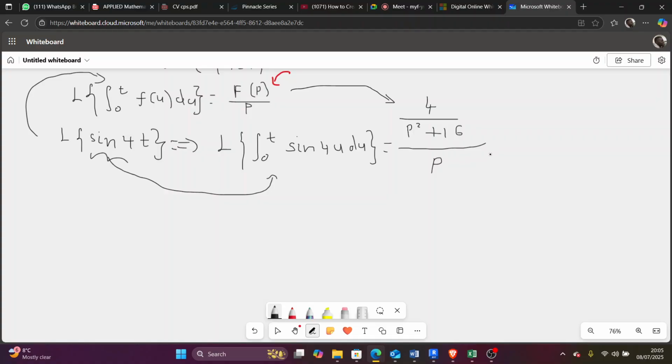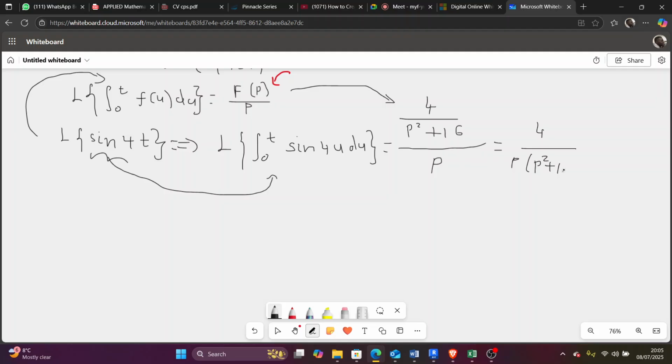Can't you see how easy and straightforward it can be? All you have to do is to know which type you are dealing with. If I simplify this, the answer will be 4 over p multiplied by p squared plus 16.